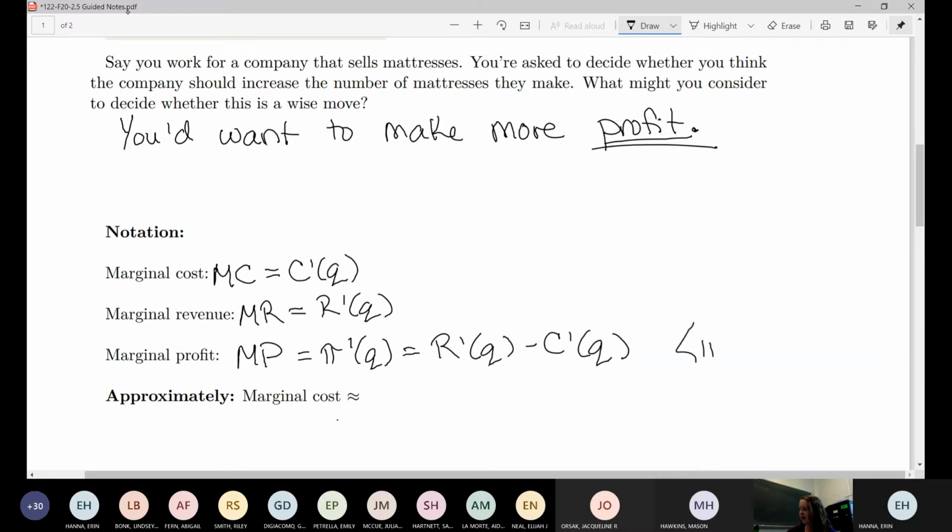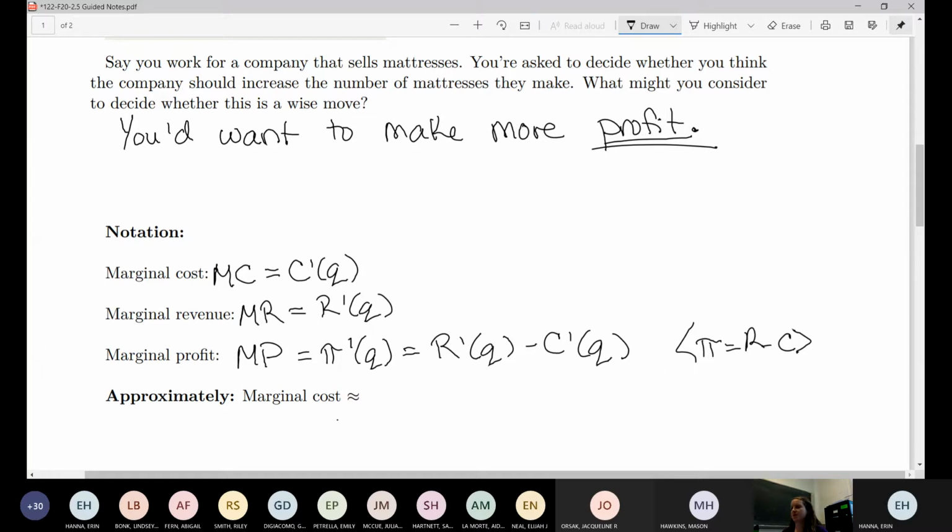It mirrors the idea that profit is equal to revenue minus cost. So since regular profit is equal to revenue minus cost, marginal profit is equal to marginal revenue minus marginal cost. I'll leave that side noted, and we'll box it.